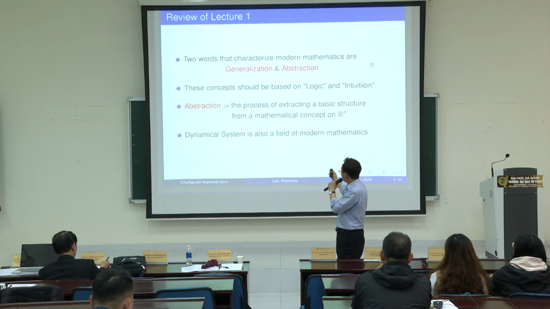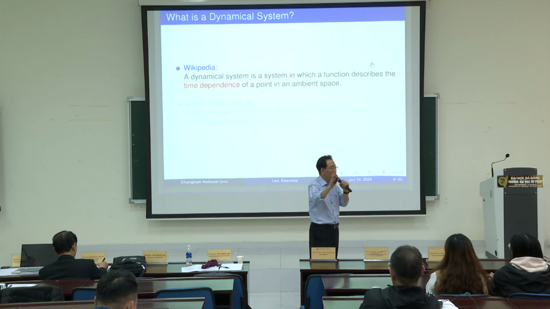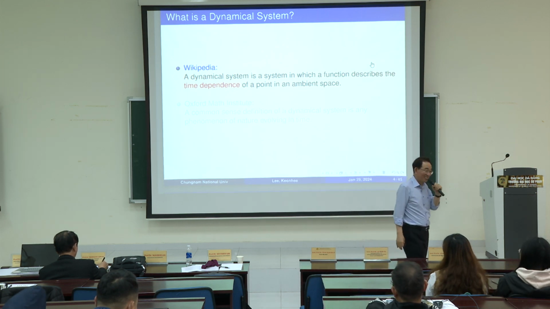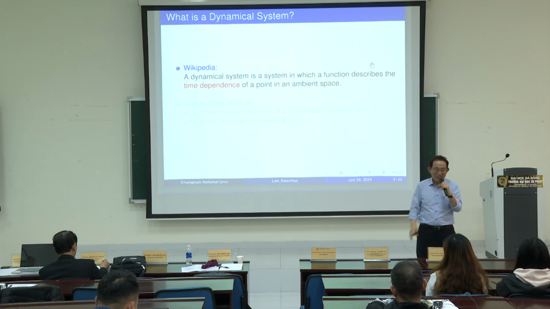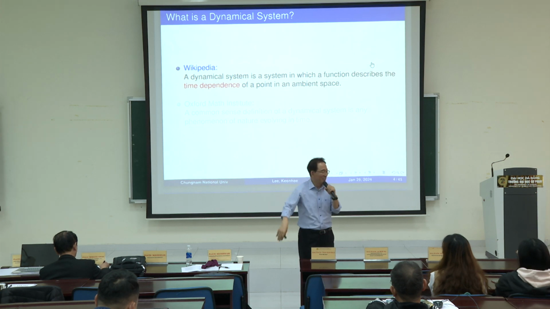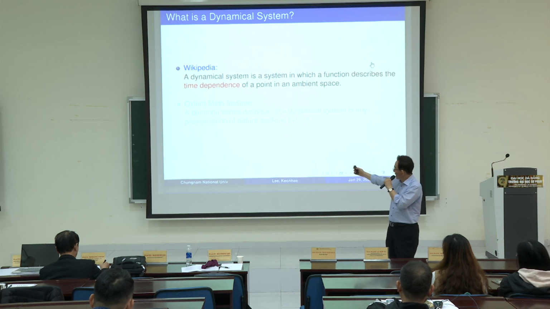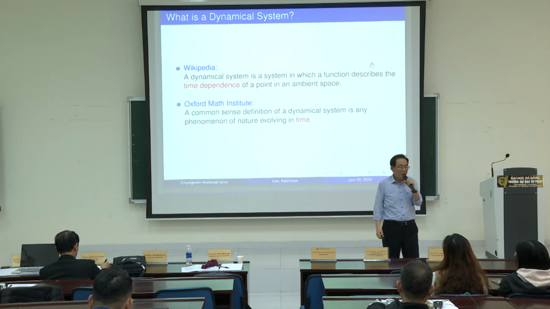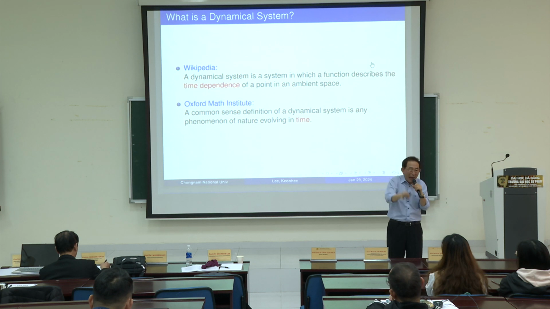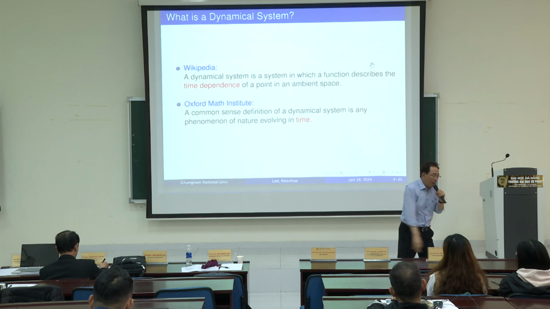Nowadays, what is a dynamical system? In Wikipedia, yes, you like Wikipedia, a dynamical system is a system in which a function describes the time dependence of a point. Wow, difficult, forget it. I like the next sentence. If you visit the Oxford Math Institute, there is a dynamical system group.